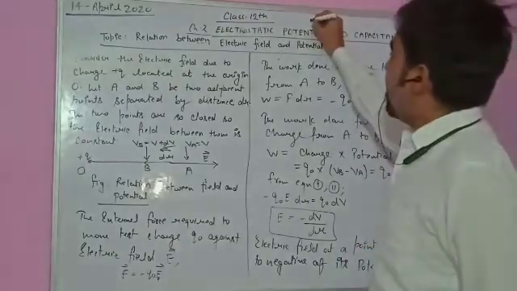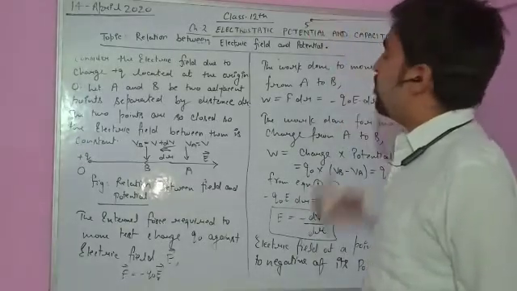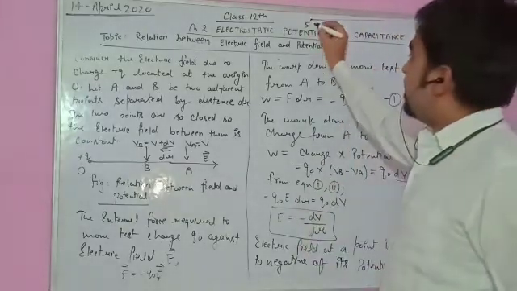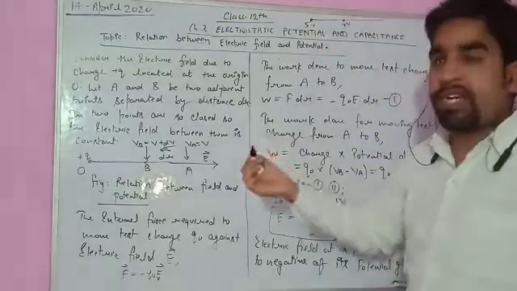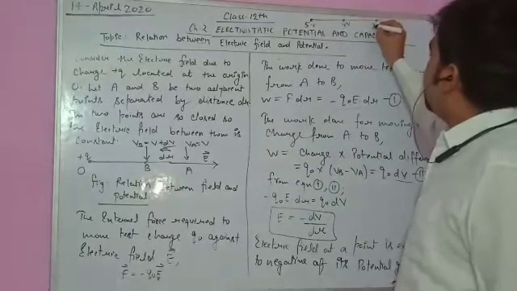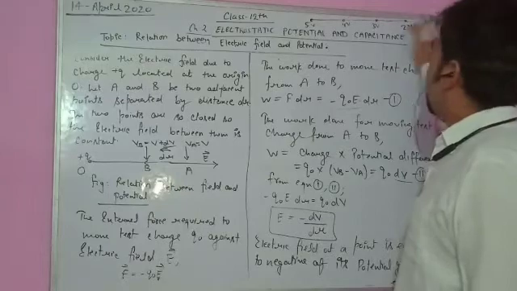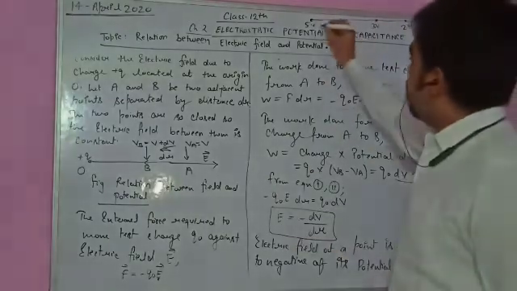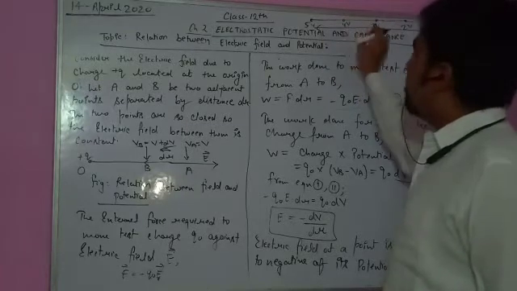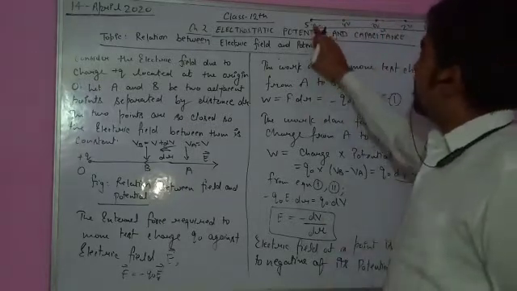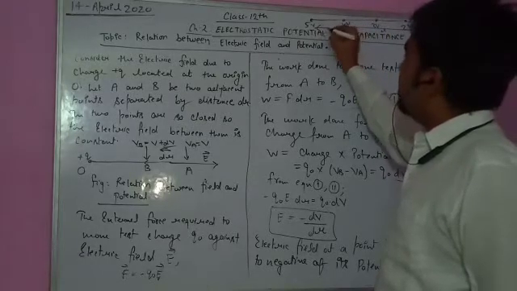Suppose we have a wire and the potential of the wire here is 5 volt. We travel a little distance and here it will be 4 volt. Suppose here it is 3 volt, here it is 2 volt, here 1 volt, and so on until 0. So we can see the total length of the wire, and we can see the potential drop. Suppose this is 5 volt, this is 4 volt, and the distance between these two points is say 2 meter.